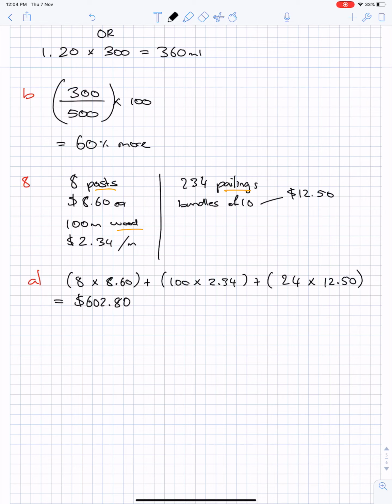So $602.80 is the total cost of materials.